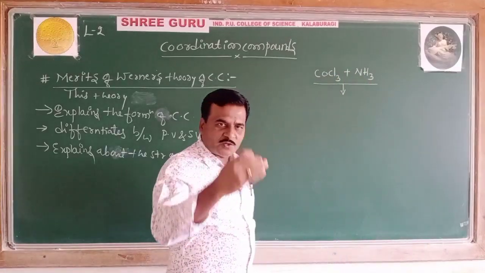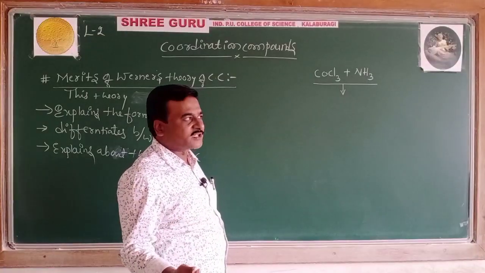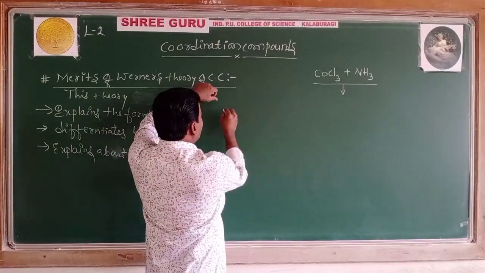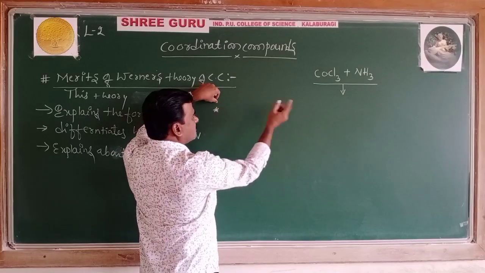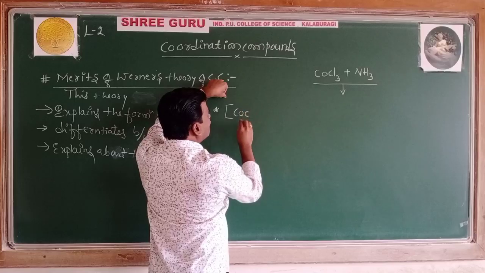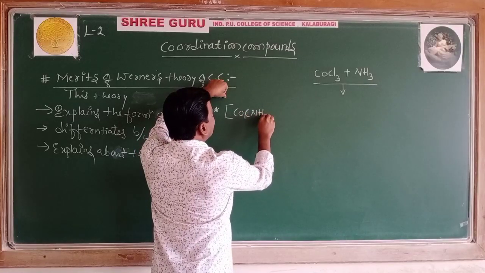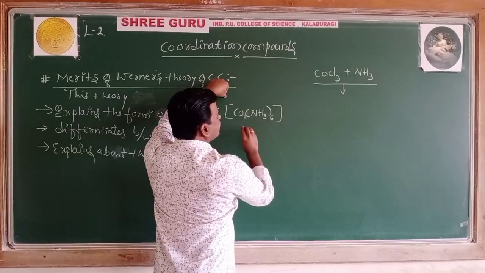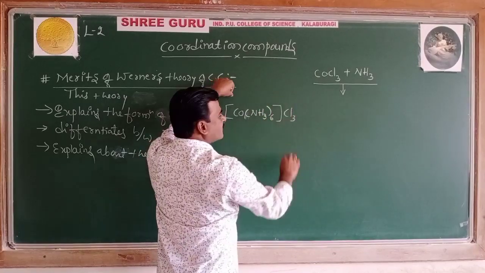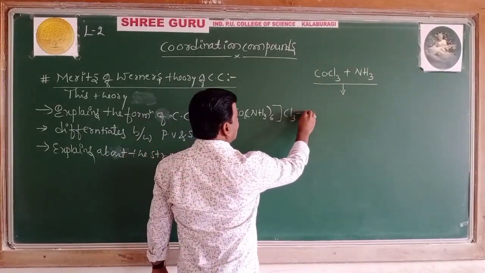Let's see the following series of compounds, nothing but complex salts, nothing but coordination compounds. The first one he obtained, let me write the formula, was CoNH3 taken 6 times Cl3. This was the first compound, which was yellow in color.